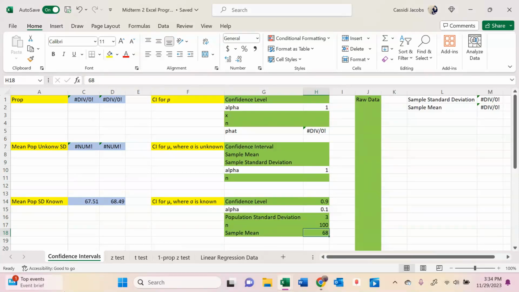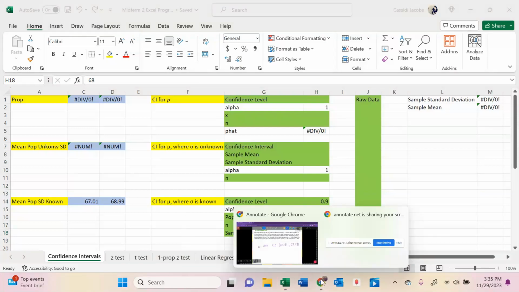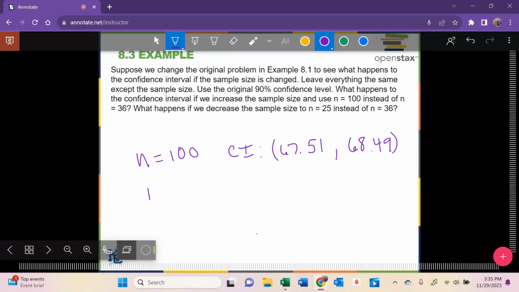And then if we decrease it down to 25, we get 67.01 to 68.99. So when n is equal to 25, our confidence interval becomes 67.01 to 68.98.